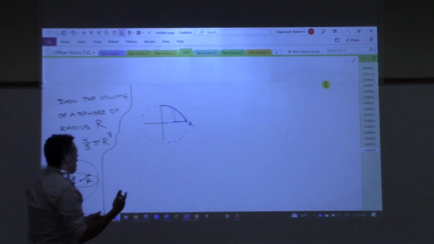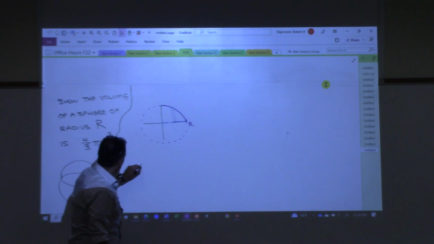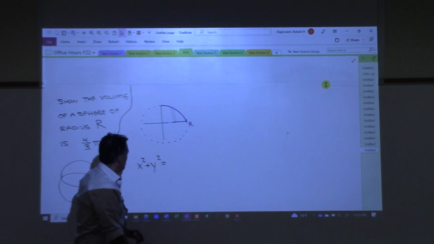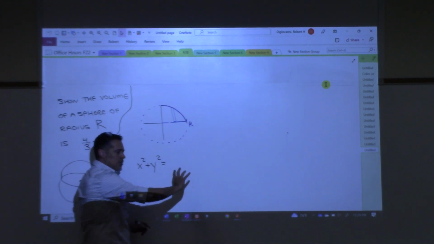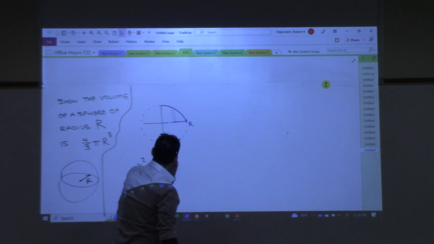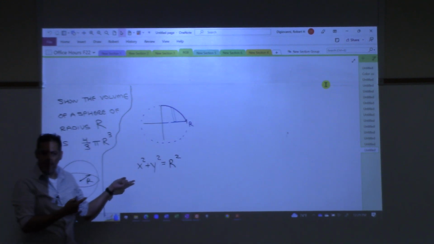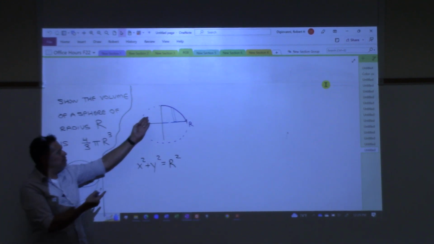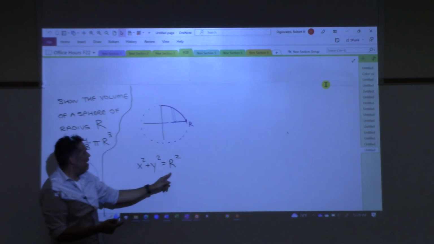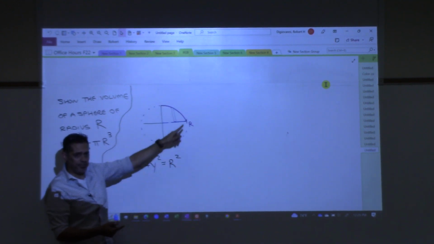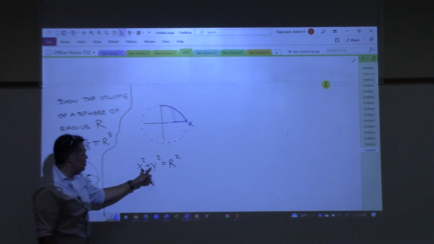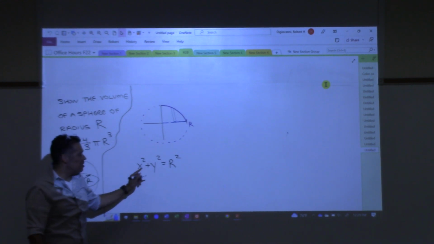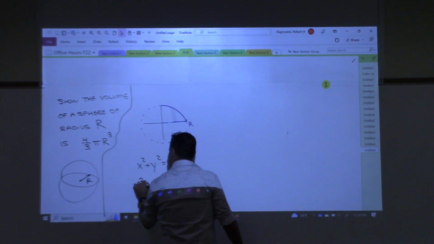So reminding you, the equation of a circle centered at the origin is x squared plus y squared equals the radius squared. That's the generic formula for a circle. For us in this picture, it's capital R squared. Do y'all believe me? This is the equation of that circle. But this equation would actually draw the whole circle, wouldn't it? Now, if I want to look at this as a function, I'd have to solve this for y. So I would have to move things over.